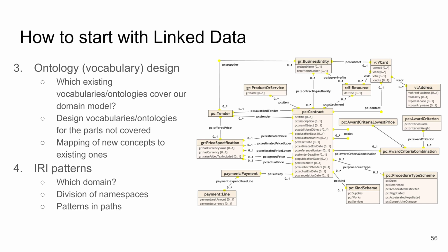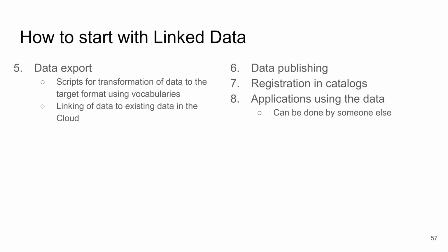So when we have all this and we know how the IRIs will look, we can actually export the data as linked data. This will result in a data dump, for instance. So a huge file containing the triples created from our data.